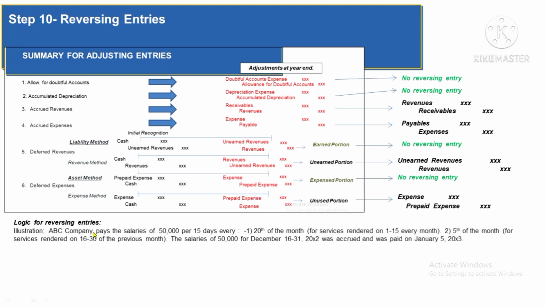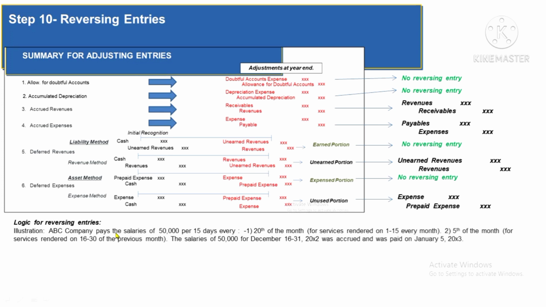We have ABC company paying salaries of 50,000 per 15 days. The first payday is every 20th of the month for services rendered by the employees on the 1st to 15th of every month. And the second payday is every 5th of the next month for the services rendered by the employees on the 16th to 30th or 16th to 31st of the month.